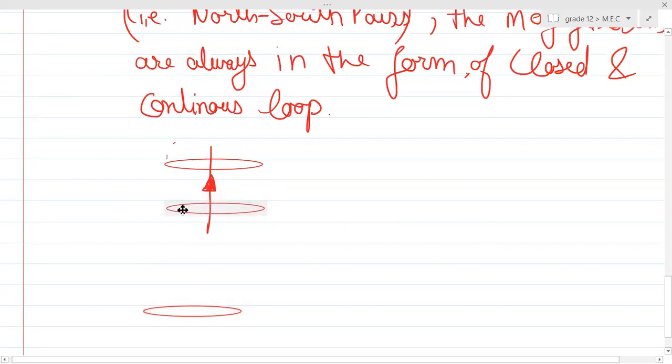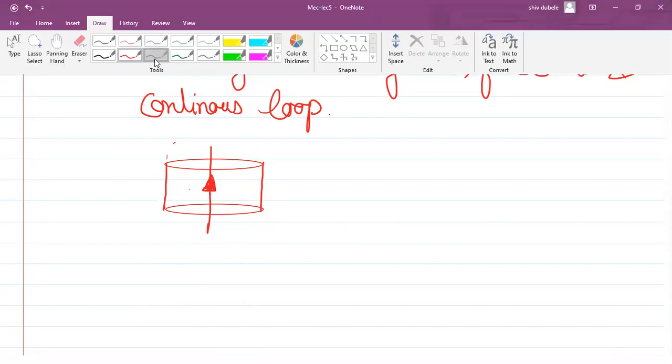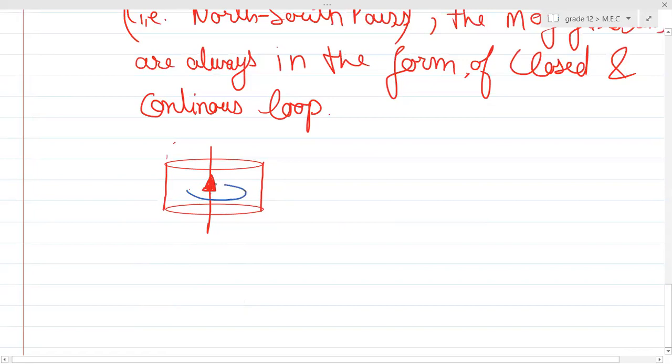I'm just telling you the reason why we are not taking this thing. Suppose I choose the magnetic field; will the magnetic field look like this inside?